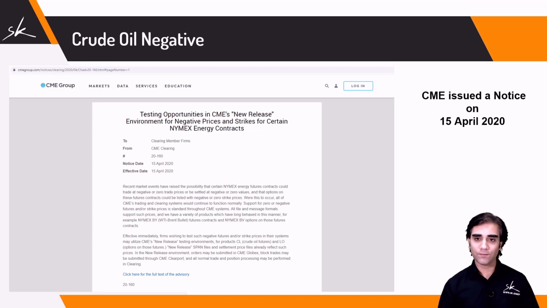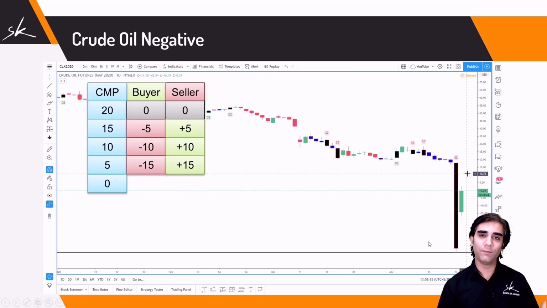So the minimum it could now go would have been zero, right? Which means the buyer would be taking a loss of $20 and the seller would be making a profit of $20. But now the biggest problem is because of the lockdown, which is happening all over the world.